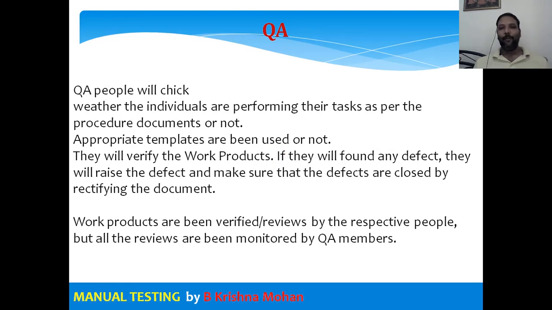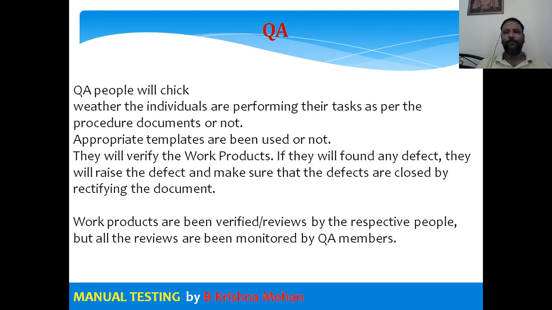So if they find any defects, they will raise the defects and make sure that the defects are closed by rectifying the documents. Suppose SRS is there. On reviewing and verifying that SRS document, they found some defect. So what will they do?